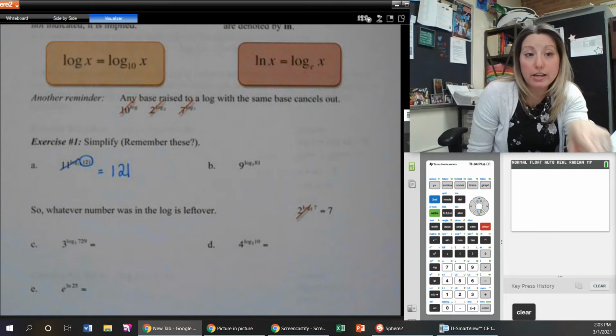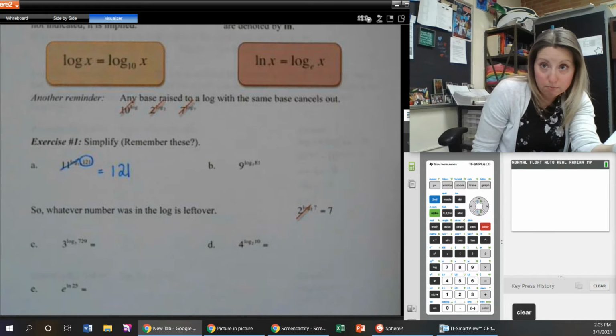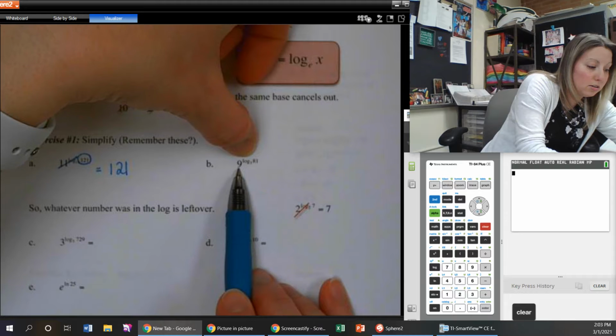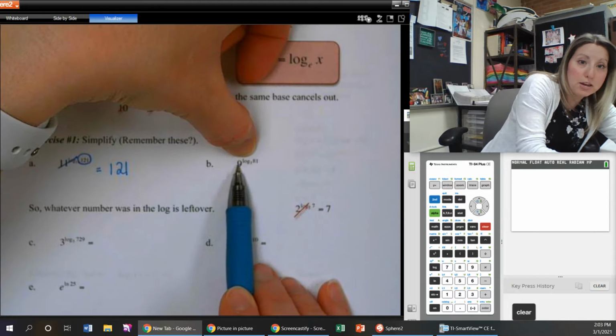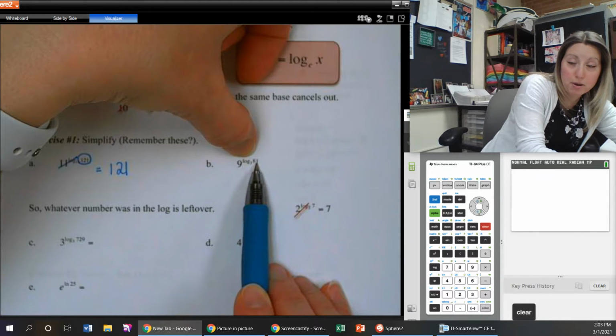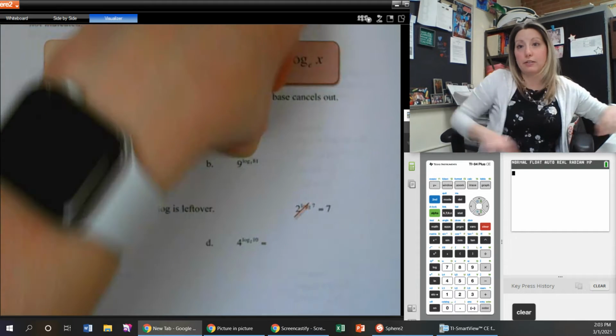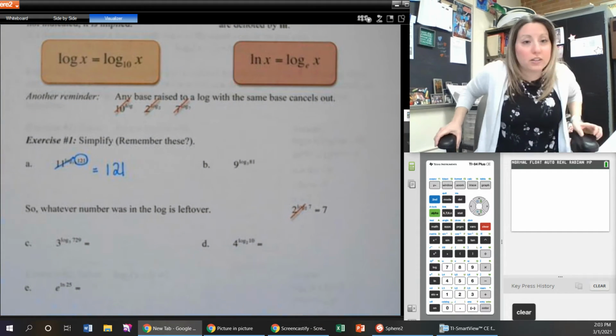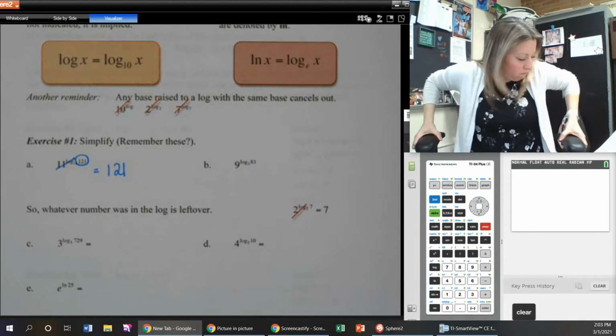Now, if it's not the same, like here, you make this base the same as the log base. So in this case, 9 is not the same as the log base 3.